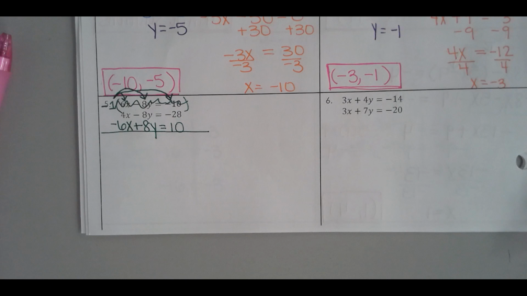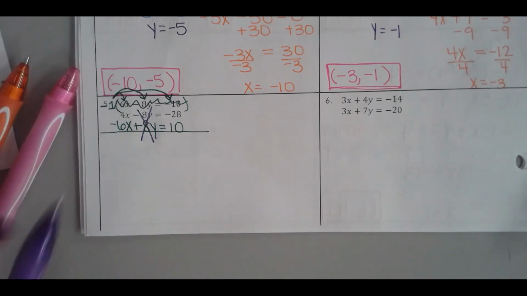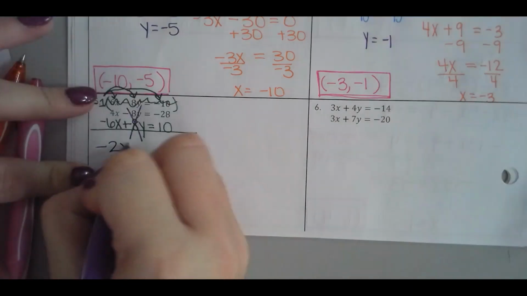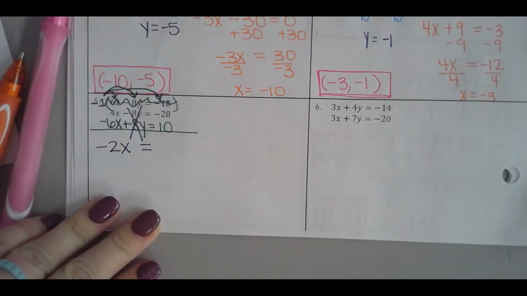Yes. Yes, now I can eliminate the y's. We have 4x plus negative 6x, what? Negative 2x equals negative 18.